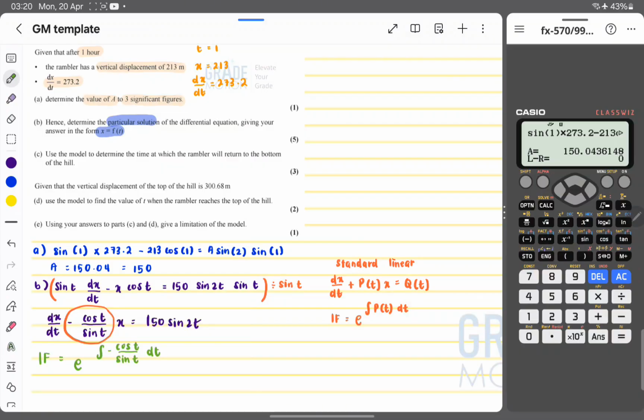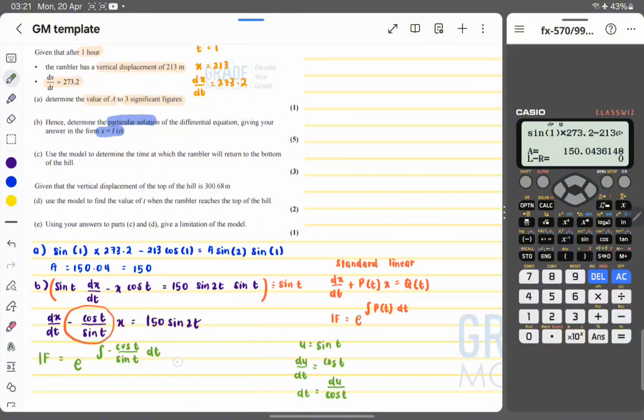How can we integrate this? Let's use the substitution method. Let u equal to sin t. Therefore, du/dt is equal to cos t, and dt is equal to du over cos t.